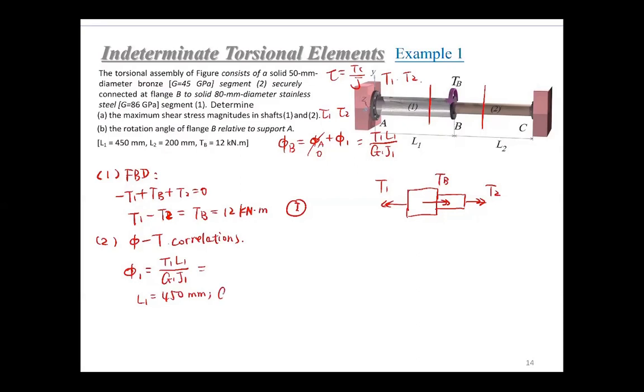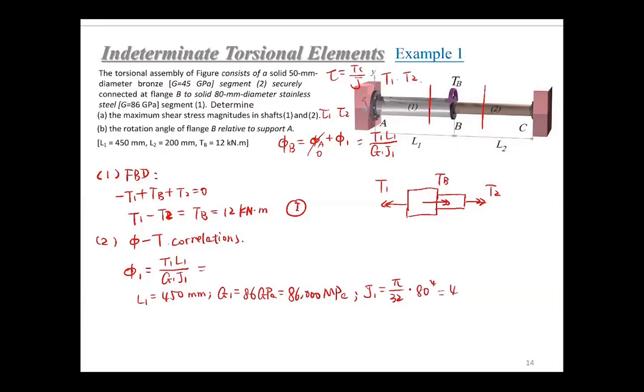G1 is 86 GPa, or 86,000 MPa. Then J1 will be pi over 32 times D1 to the fourth, that is 80 to the fourth.